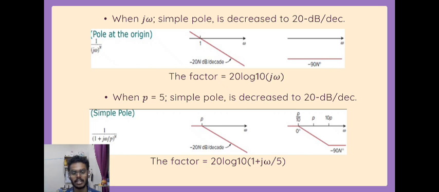The pole at the origin will be negative 20 dB per decade from the start, and lastly the pole at 5 radians per second will be negative 20 dB per decade, starting at ω equals 5.